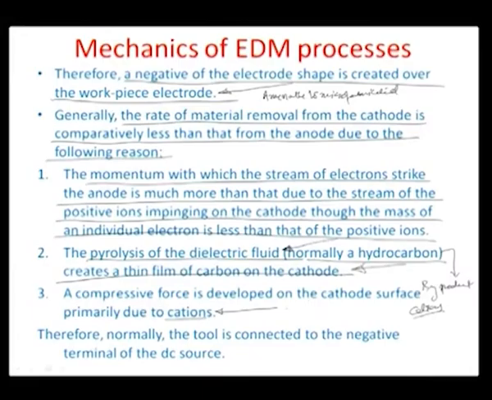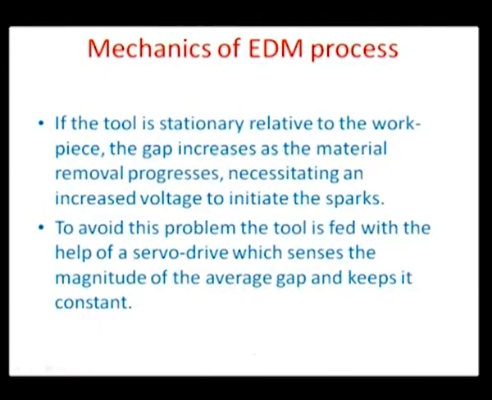So, these are the three principal mechanisms responsible for the differential removal rates across the cathode and the anode, and therefore it is preferable that the tool be connected to the negative terminal of the DC source, thus making it a cathode, and the workpiece be connected to the positive terminal, thus making it an anode.